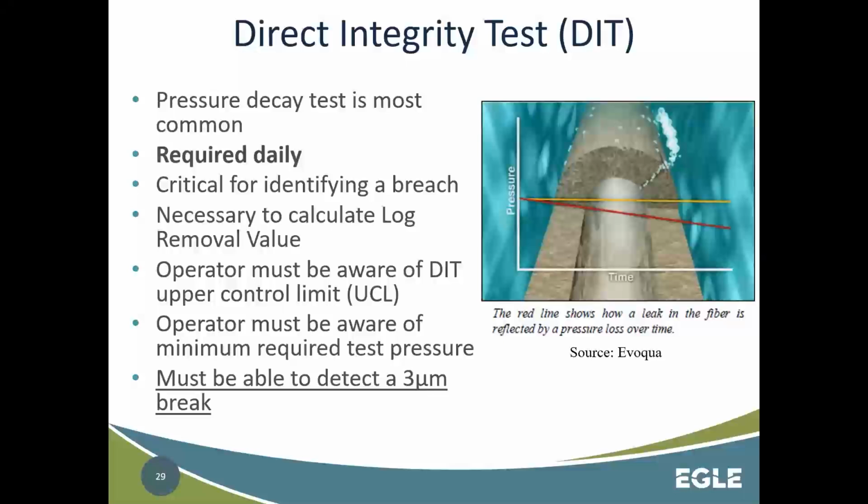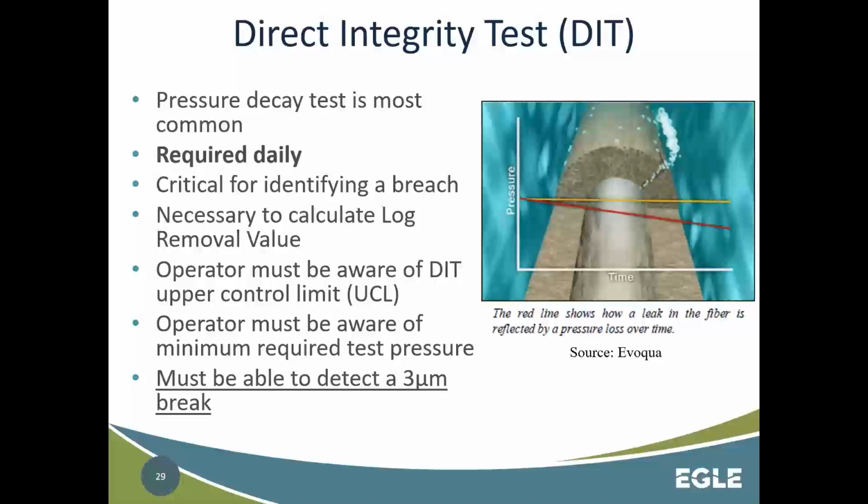And so also there's a minimum test pressure that's determined by the manufacturer, but that's a good thing to be aware of, just in case there was some type of problem with bringing the thing up to pressure. And these membranes go through what we call a challenge test.